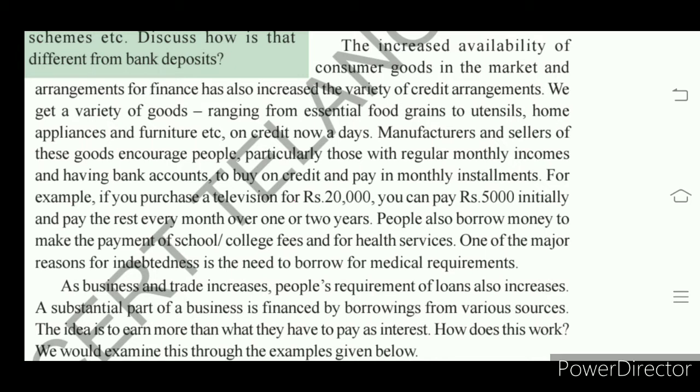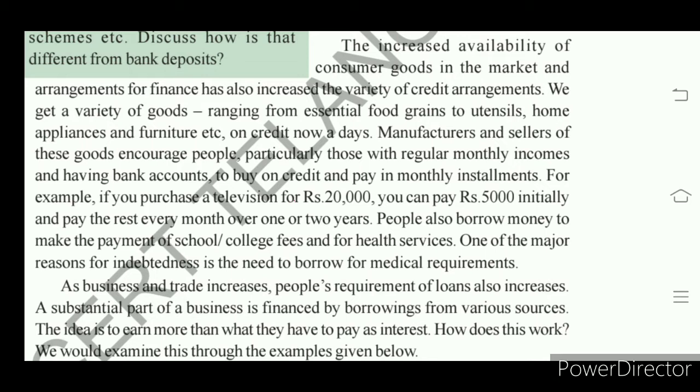They ask you to just pay 5,000 in advance. That is what we call down payment. The remaining will be paid in monthly installments. So you can buy a 20,000 television by paying just 5,000 as a down payment, and the rest of the amount should be paid every month over a period of 2 years.